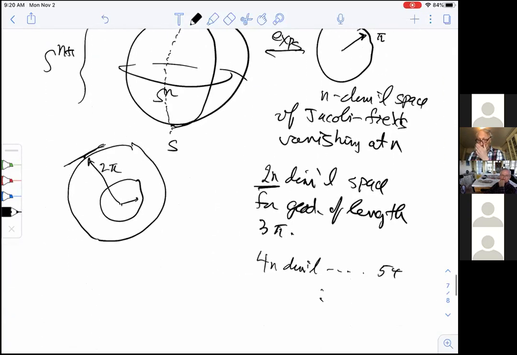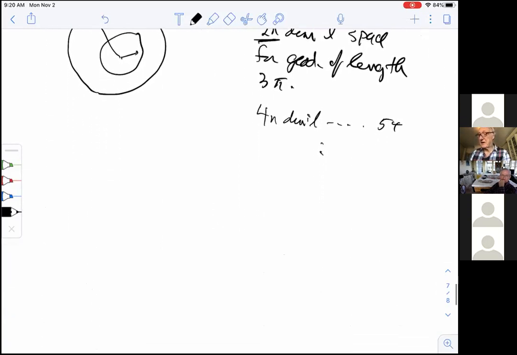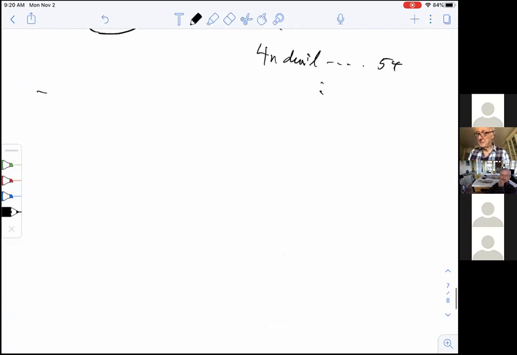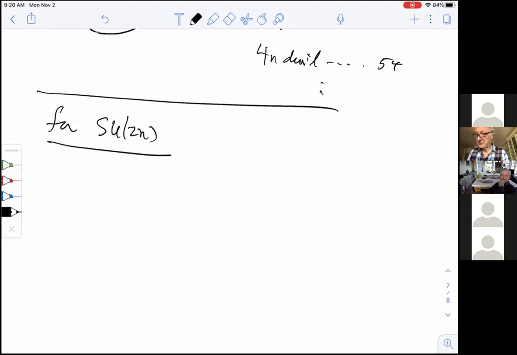Well, the argument for the unitary group is going to go very similarly. For SU(2n), we do a very similar argument. The minimal geodesics turn out to be the Grassmannian of n-planes in 2n-space.